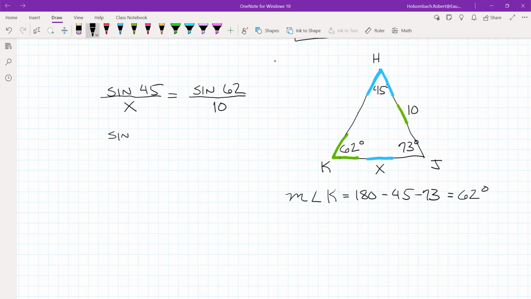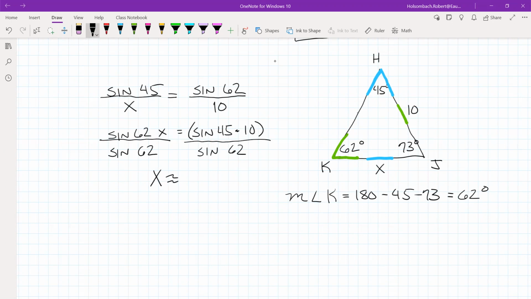So our sine 62 x is equal to sine 45 times 10. Gonna divide both sides by sine 62. And our x is equal to... Everybody get 8? All right.